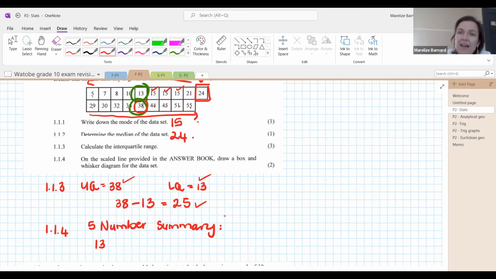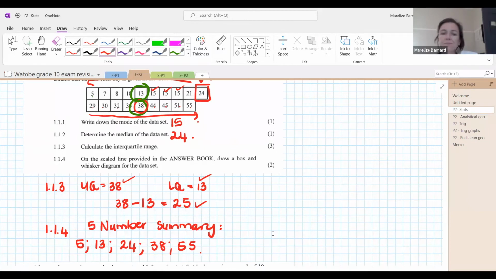The min, that's right. So the minimum value is 5. And then the lower quartile, or Q1, is 13. Then Saku's listed them very nicely. Q2 is the median, and that's 24. And then the min, we've got already, that's 5. And the max is 55. And then Q3 is 38.